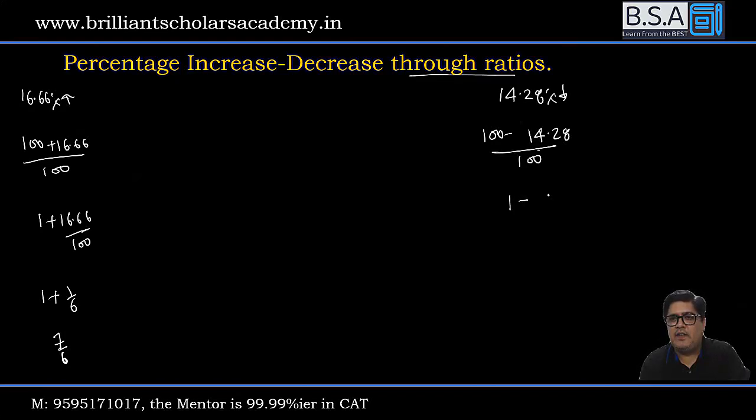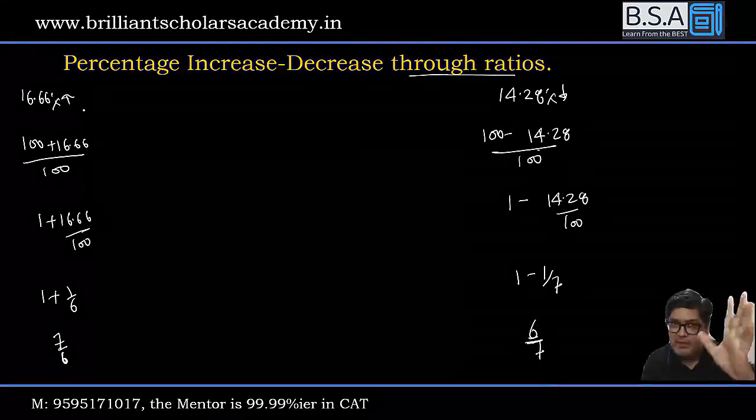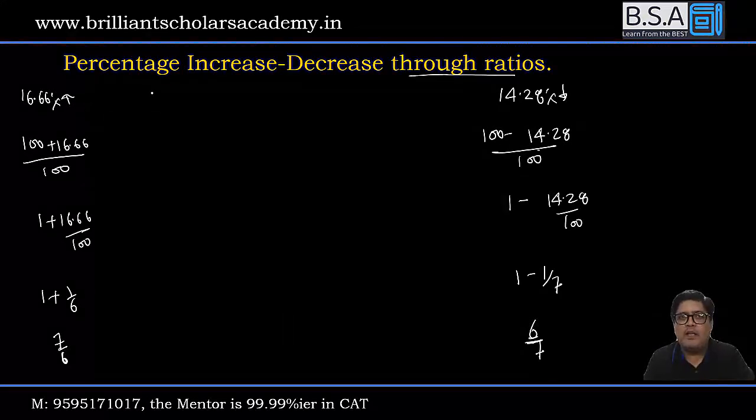So is it okay if I rewrite like this? What is 14.28 upon 100? 14.28%. What is that? 1 minus 1 by 7. What is that? 6 by 7. Again, don't panic. Don't worry. Your job is to perform an increase. Increase बाद में. Forget increase. What is that value equal to?